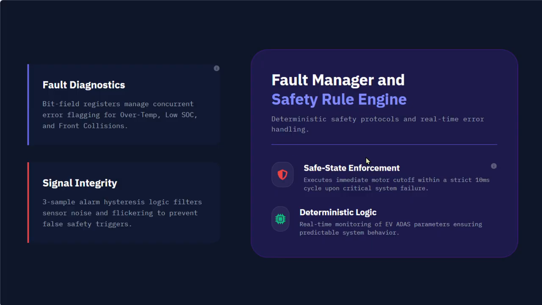Safe state environment. If the fault is officially valid, then a central state machine drops out of the drive loop and the architecture for safety rollup configures immediate motor cutoff, dropping the PWM signal to 0.0% within the strict 10 millisecond cycle, protecting the physical components and ensuring total vehicle safety.